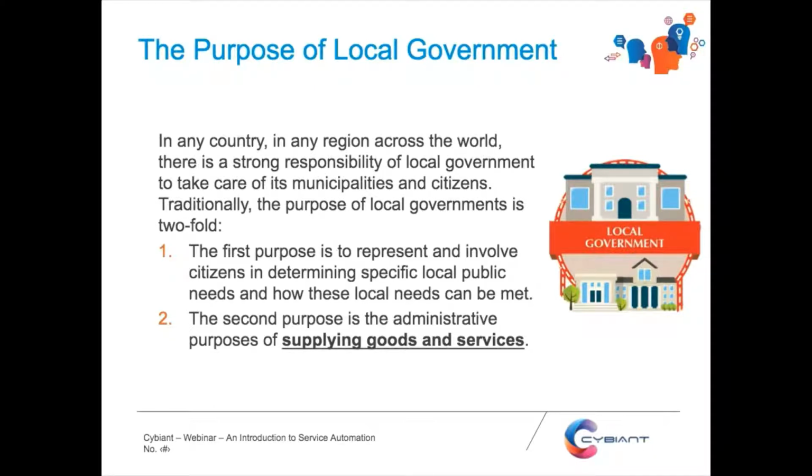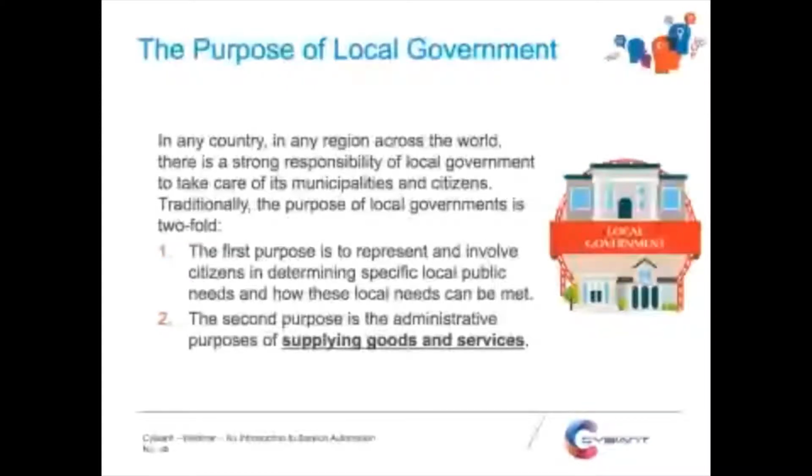Whether you would like to renew your driver's license or let the government know that you require a new passport, all of us have to deal with local governments once in our lifetime. So in this example, we will see what the steps are in order to use the service automation framework to deliver those automated services. Let's have a look.